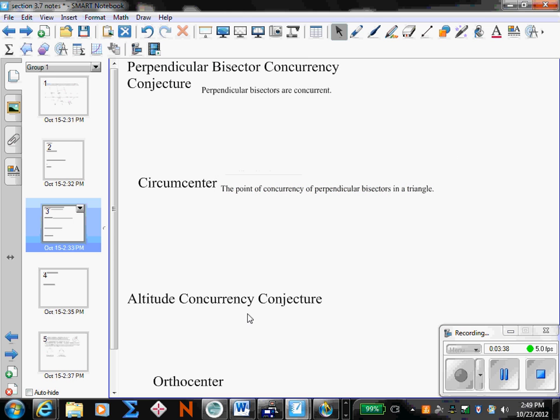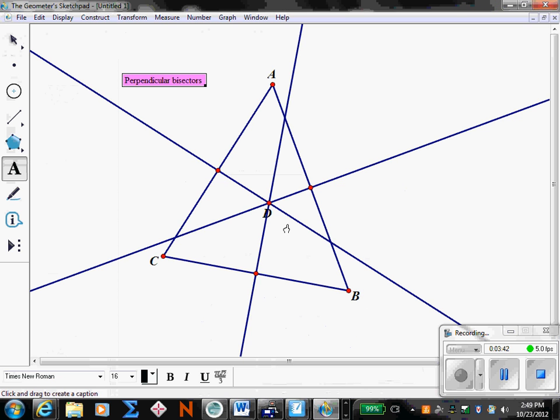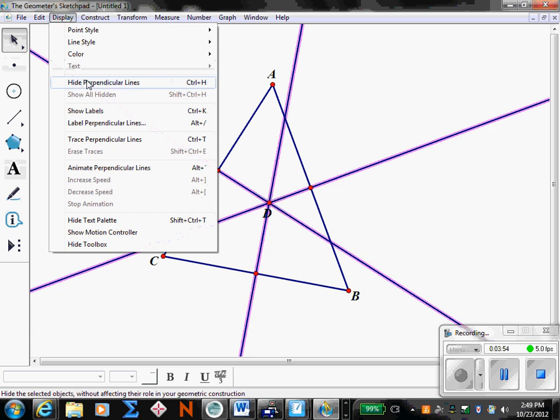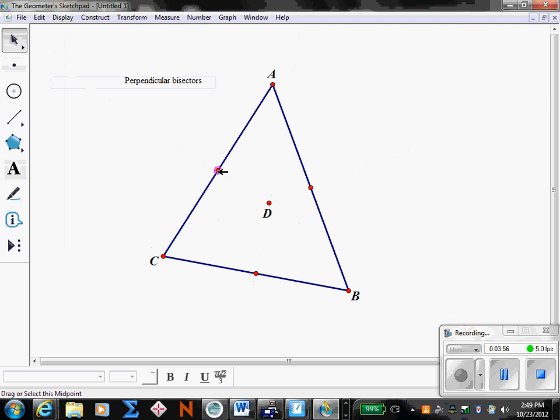Okay, so now you can see the next conjecture is about altitudes. So if we go back to our triangle, and let's just hide these lines, our perpendicular bisectors. We could hide the midpoints as well.